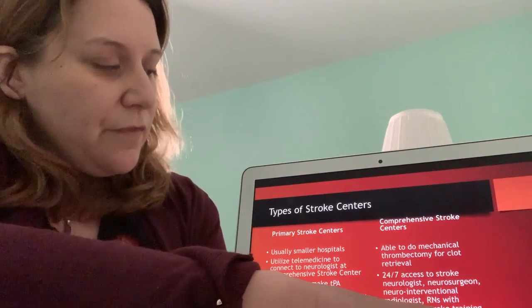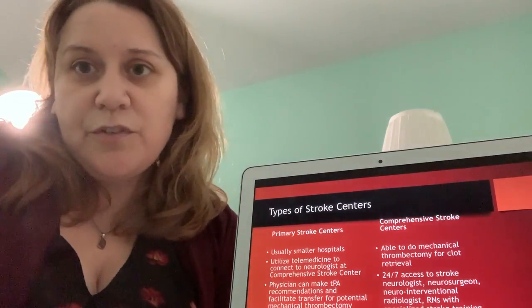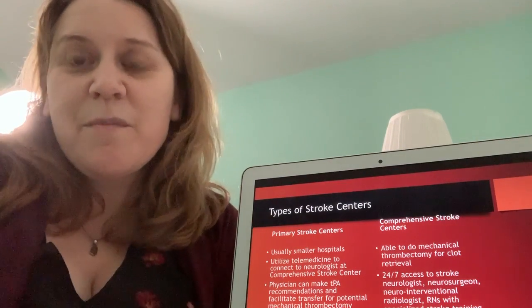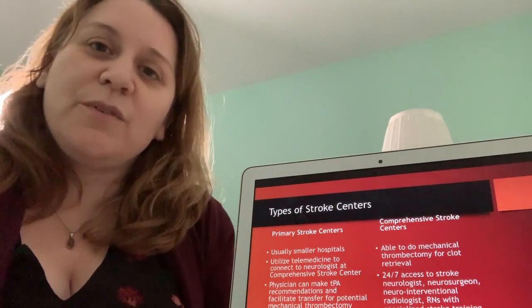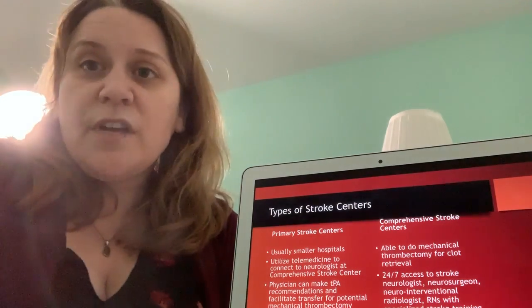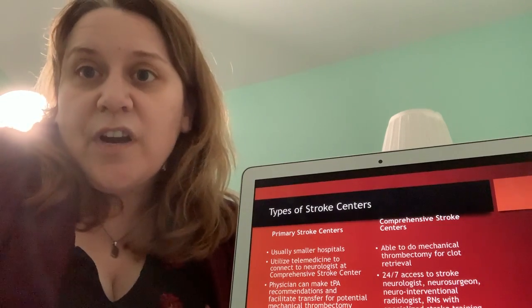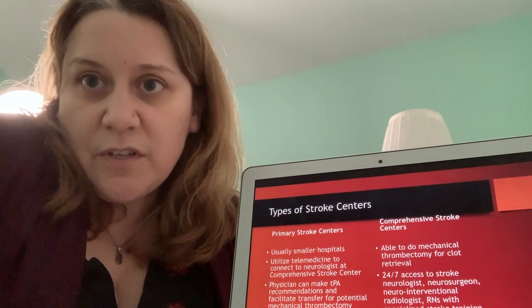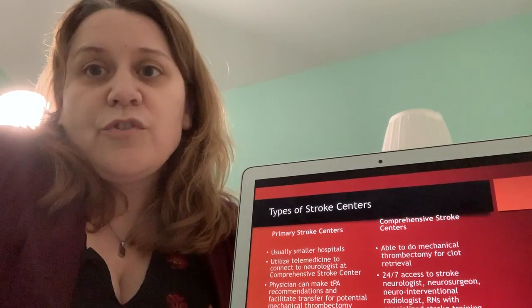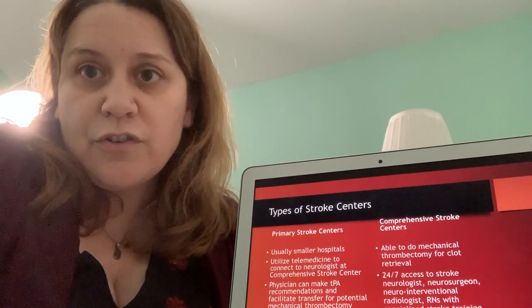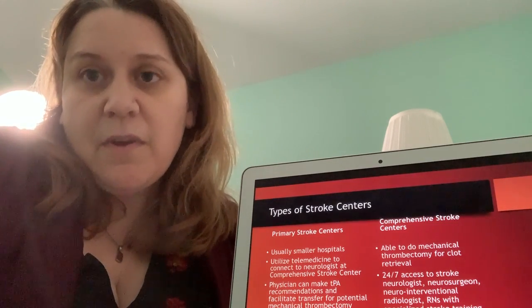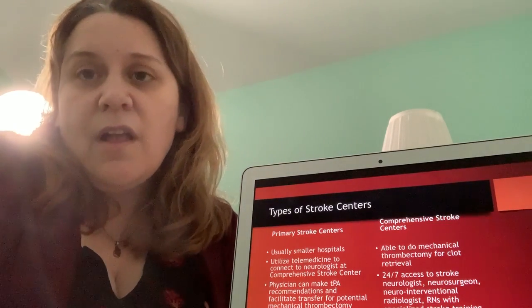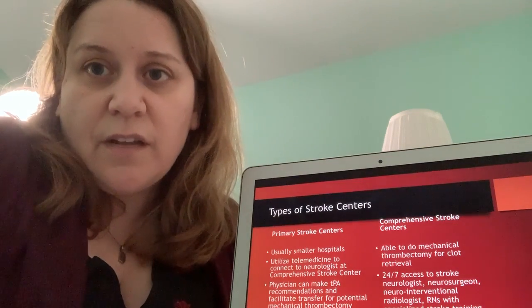So we're going to move on to talking about different types of stroke centers. There are primary stroke centers and comprehensive stroke centers. Primary stroke centers can triage a patient with acute stroke symptoms. Usually they'll have a partnership with a larger hospital complex, maybe a comprehensive stroke center, and they'll be able to do telemedicine.